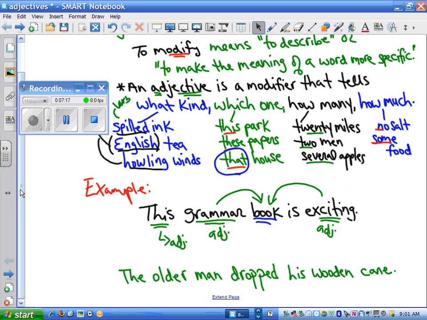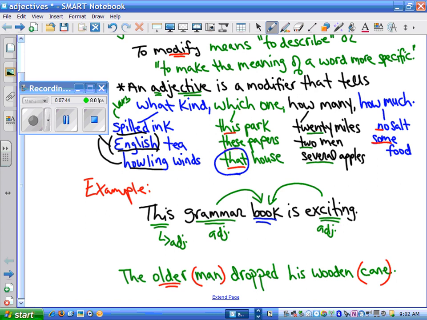Our second example: the older man dropped his wooden cane. Let's first identify the nouns being described. The sentence has 2 nouns. The first one, man. The second one, cane. So, older, right?